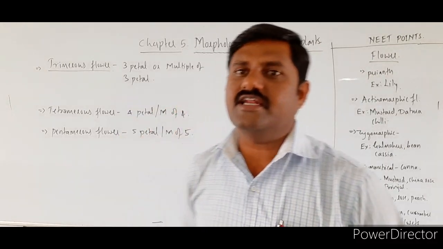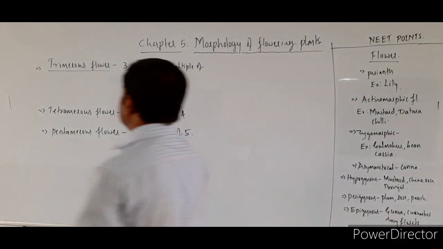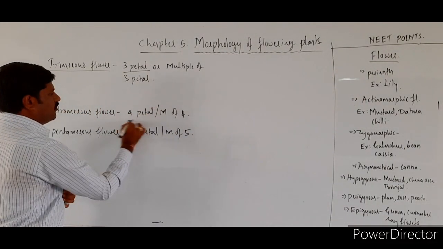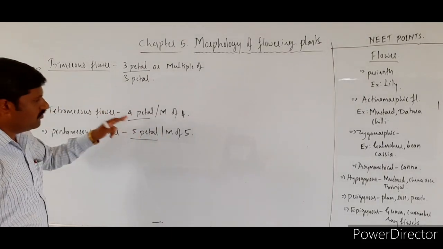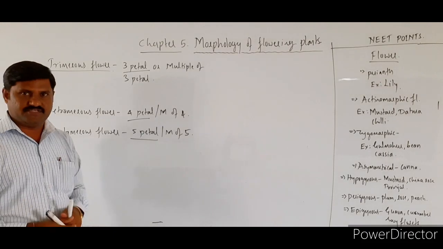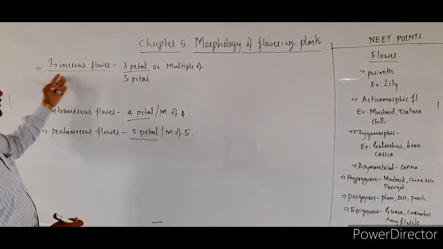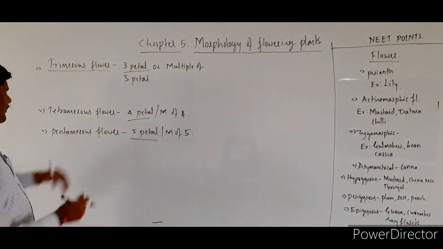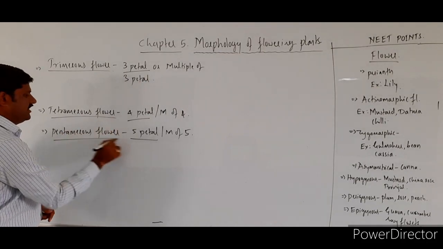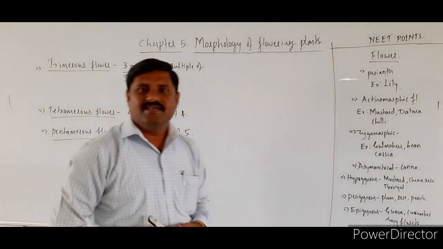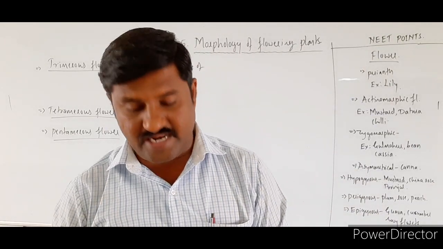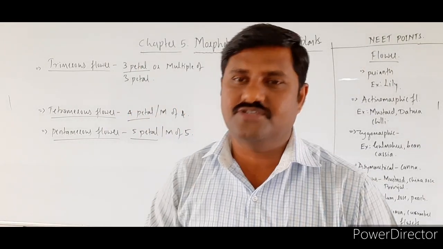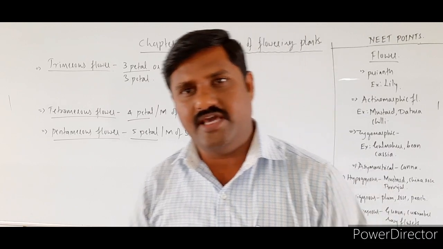So these are the three terms used to describe flowers with 3 petals, 4 petals as well as 5 petals, or multiples of 3, 4 and 5 petals. They are trimerous, tetramerous as well as pentamerous flowers. These are some of the technical terms given in NCERT, as well as some extra terms mentioned by me here.